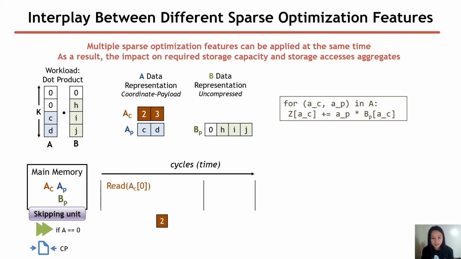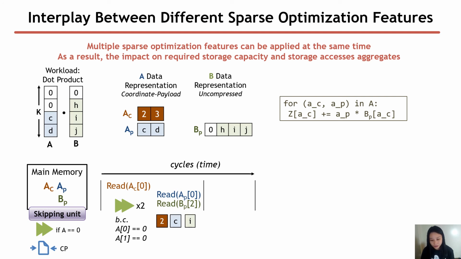In this case, we realize the first effectual operation is at coordinate 2. So then we fast forward 2 B accesses, because element 0 and element 1 both correspond to an ineffectual computation. We directly fast forward by 2 accesses, and we access the third element in B, which is B2, and of course we'll need to read out the payload in A.